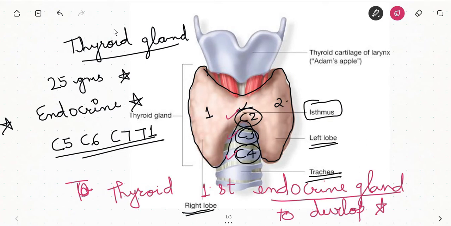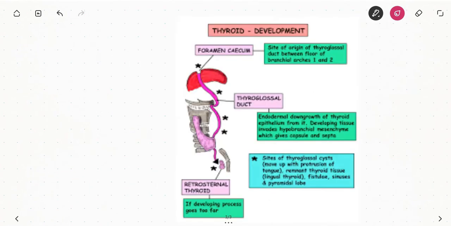It mainly develops from the thyroglossal duct. The thyroid develops from the median downgrowth of the column of cells from the pharyngeal floor between the first and second branchial arch.